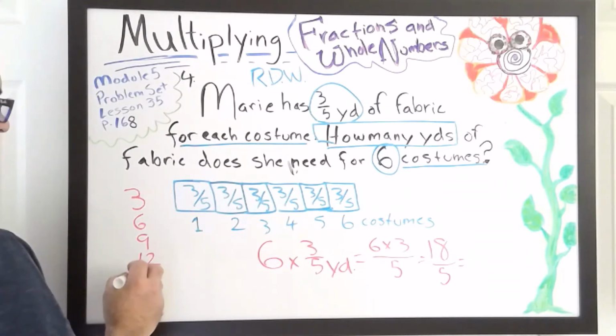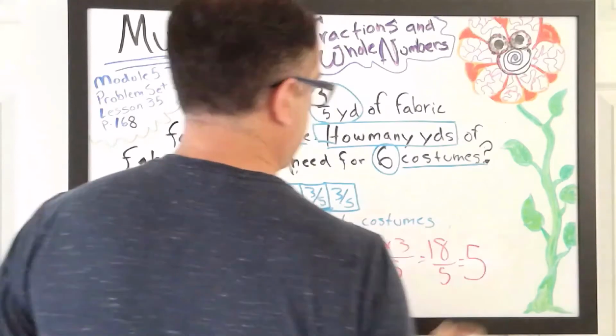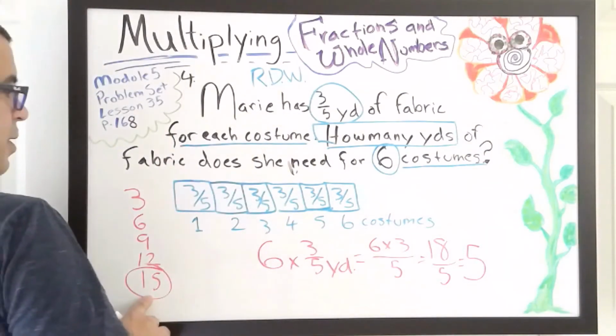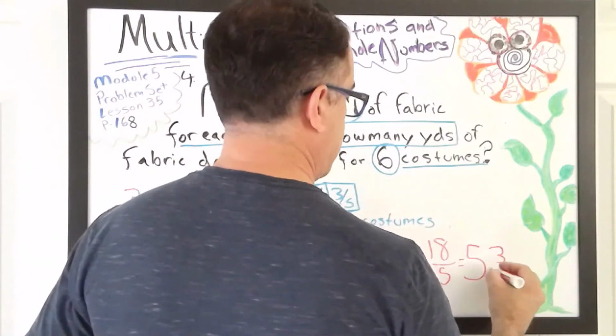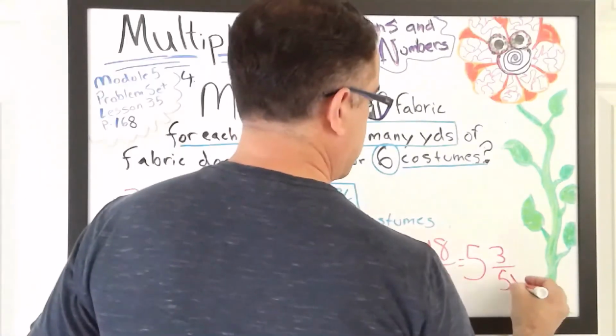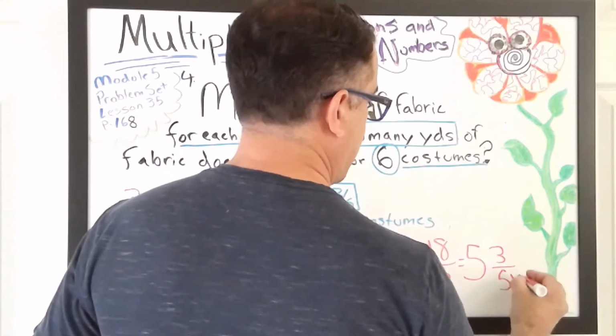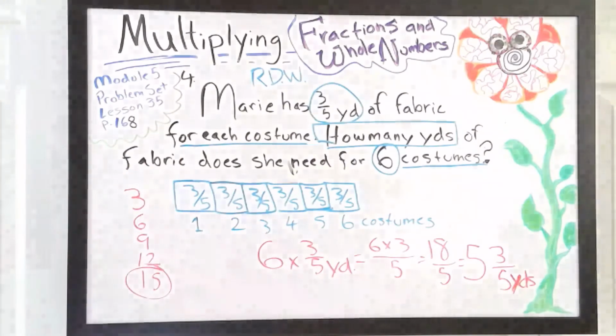No, 5 times 4 is 20, that's too high. So 3 is appropriate. That's 3, okay, and how many left over? 18 minus 15 is 3/5 left over. So she needs 3 3/5 yards. Okay, it's that simple, guys.